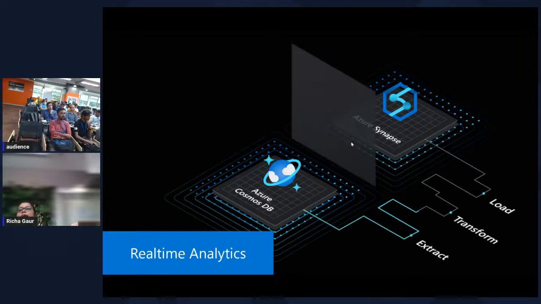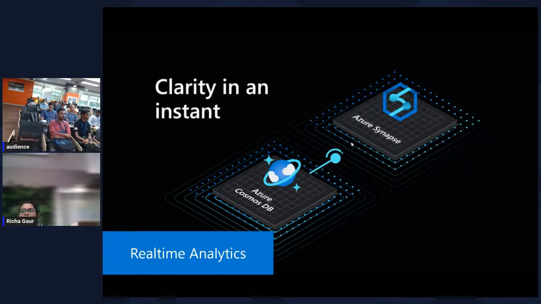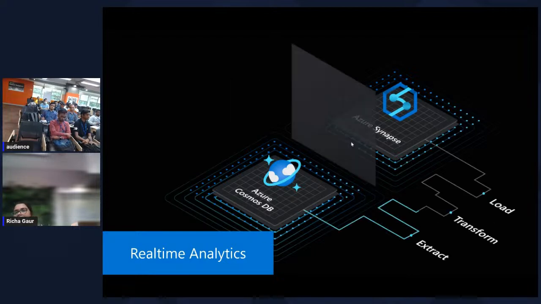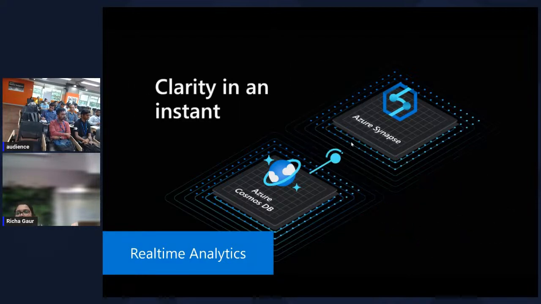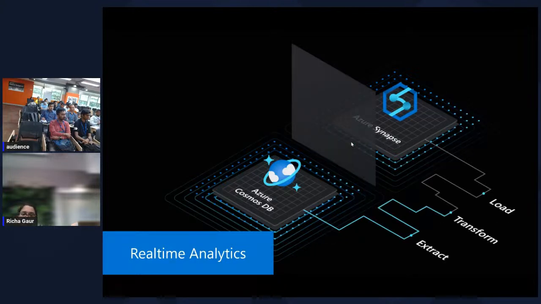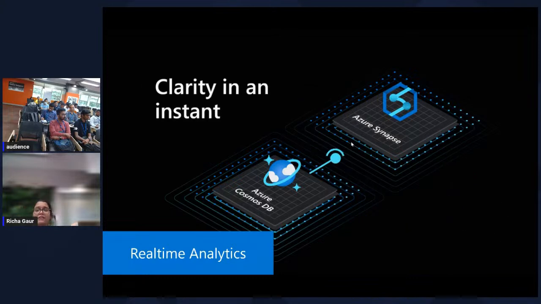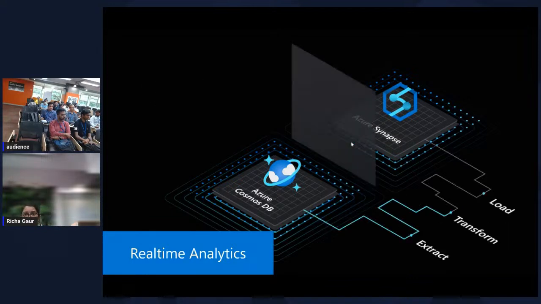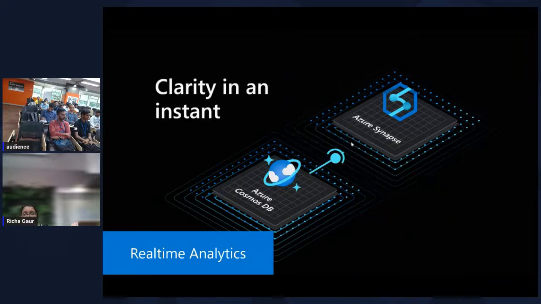All you have to do is enable Synapse link on the container, and your data would be replicated to an OLAP store on a real-time basis. You don't have to create an ETL pipeline or manage different databases. You don't have to worry about that at all. All you have to do is just one click.